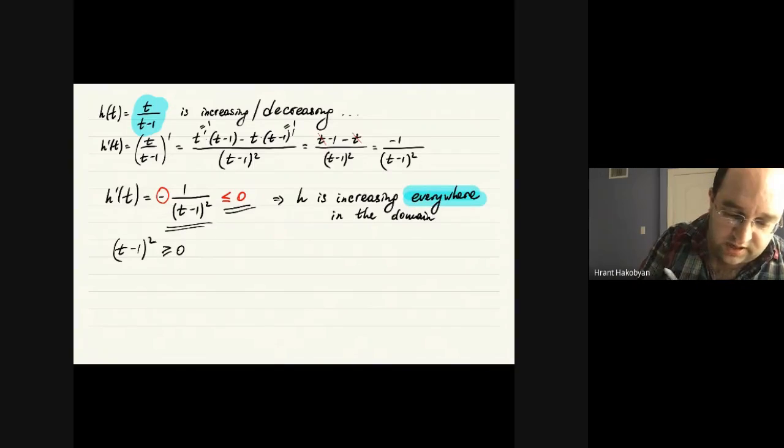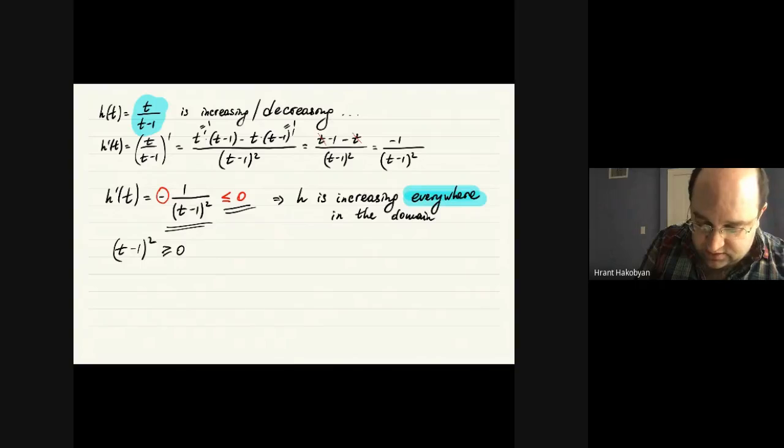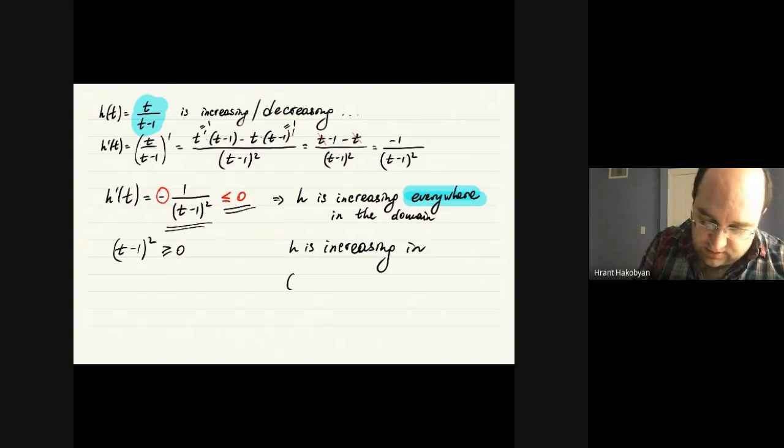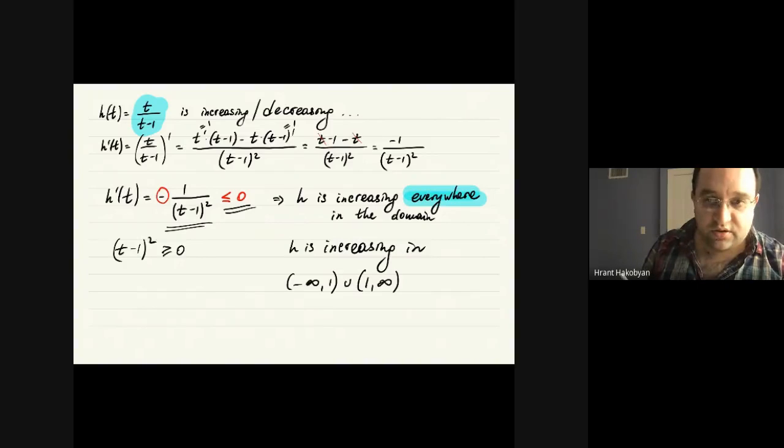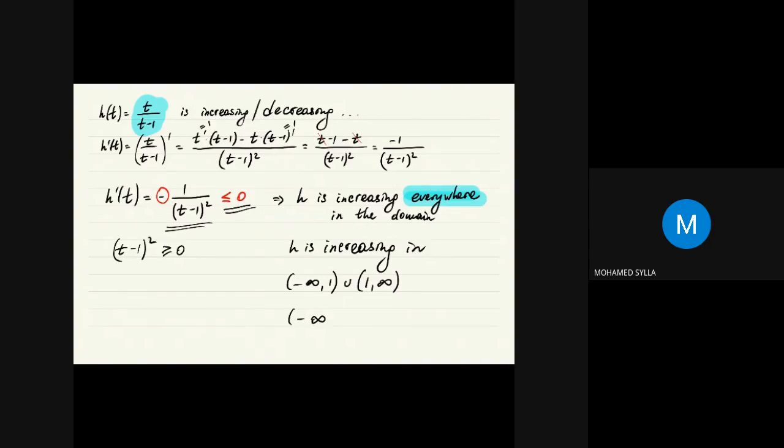So in reality, we can write that h is increasing in negative infinity to 1 and 1 to infinity. The reason I did it like this is because 1 is not in the domain. Or you can write just negative infinity to infinity too, that would be fine too. I have a question.